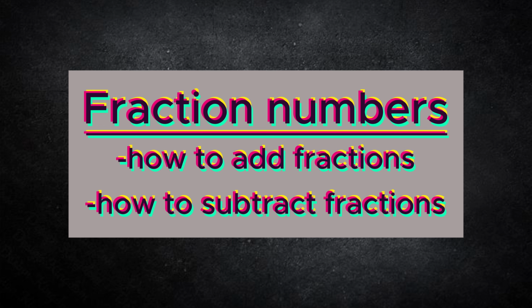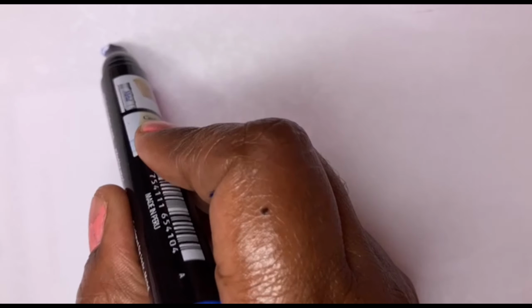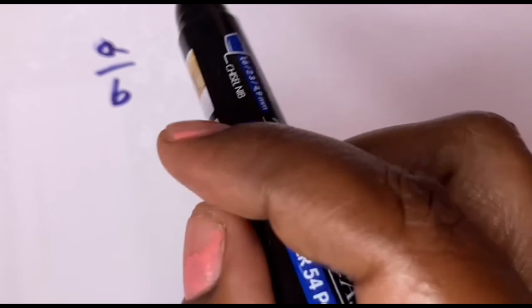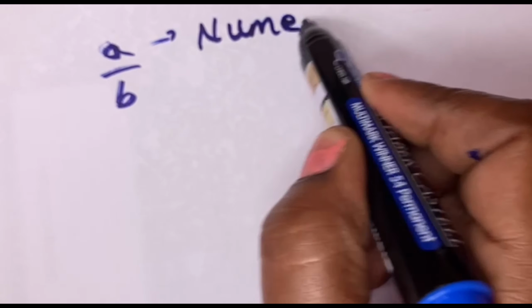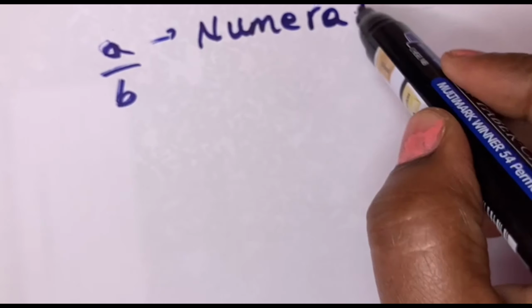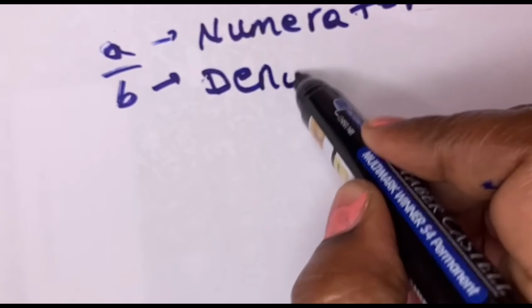Fractions can have the same denominator and also different denominators. Fractions are a form of numbers which we can explain as A over B. The A is called the numerator, and the B is called the denominator.